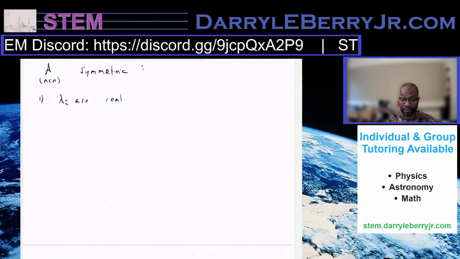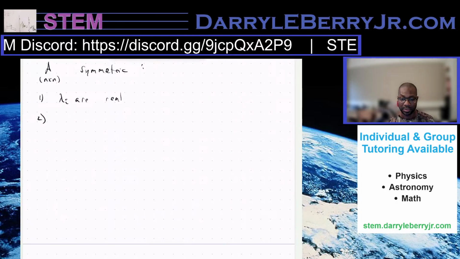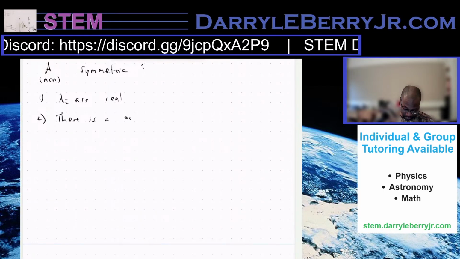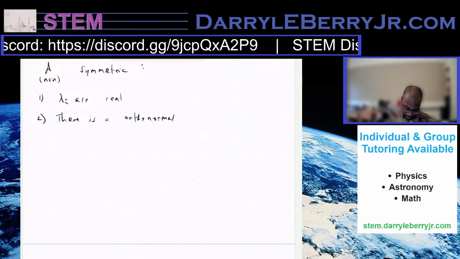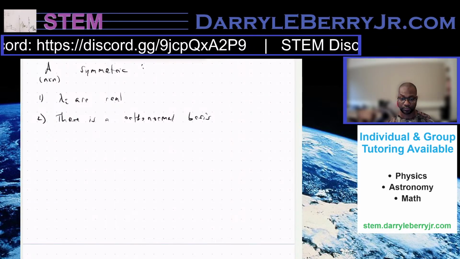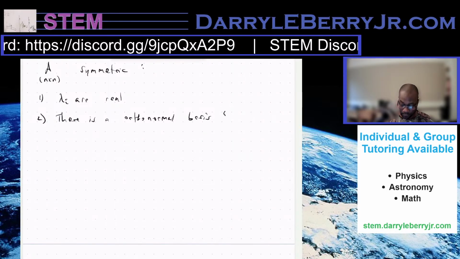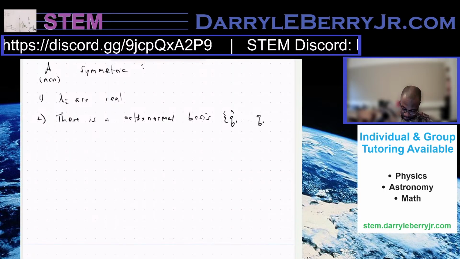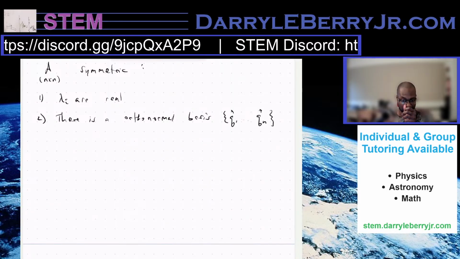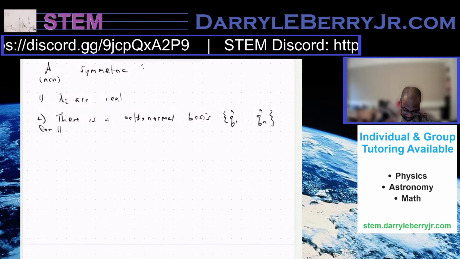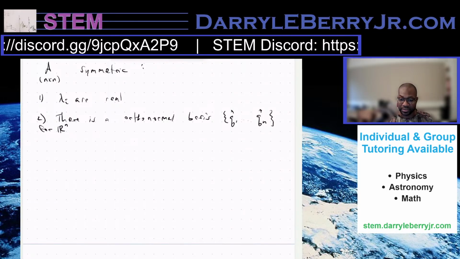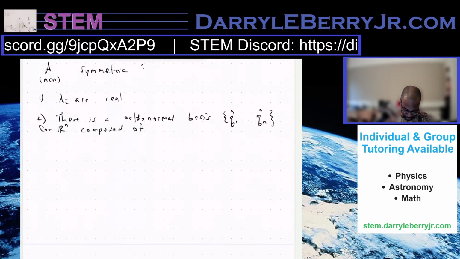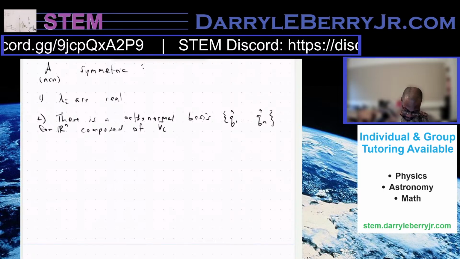And two, there's an orthonormal basis Q1 all the way to Qn for Rn, earlier we found basically Q1 and Q2, consisting of eigenvectors of A, composed of Vi.